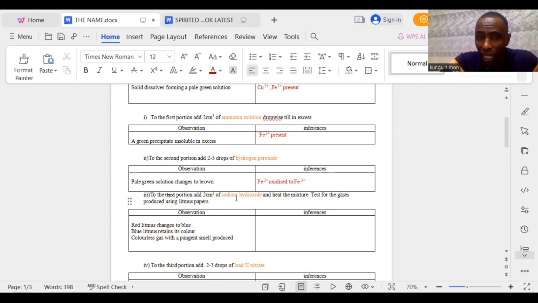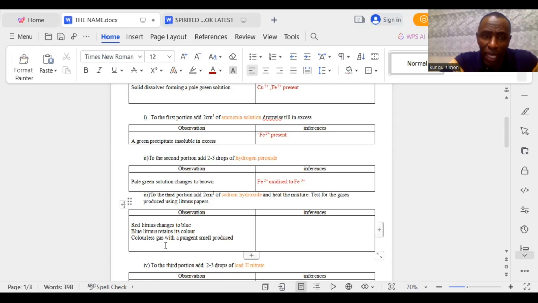Some salts, when you heat them, can give you both an acidic gas and a basic gas. Some of them, like ammonium chloride, can actually sublime and give us hydrogen chloride and ammonia gas. But in this case, when you're adding sodium hydroxide, if an acidic gas is produced, it is likely to react with sodium hydroxide and may not be liberated.